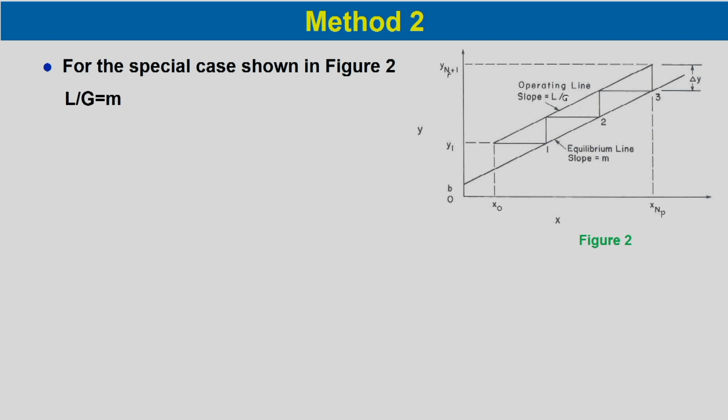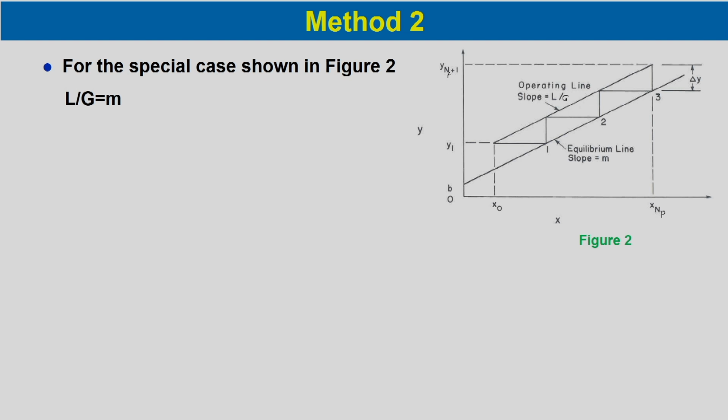Now, for the special case shown over here, L by G is equal to m, that is L by m G is equal to 1.